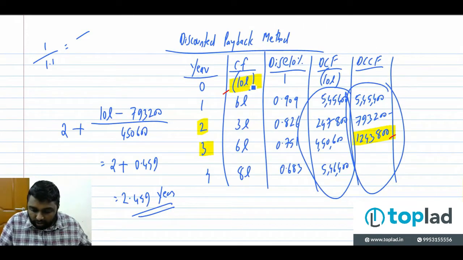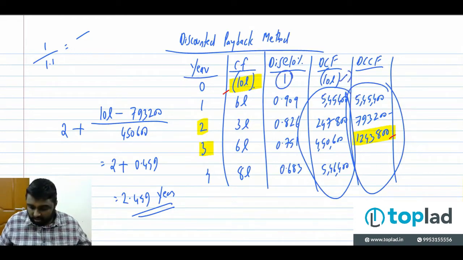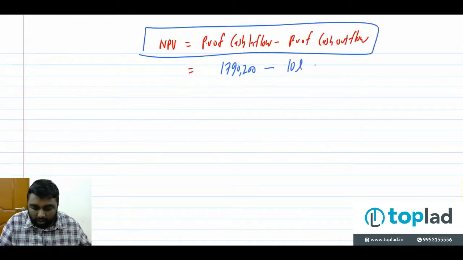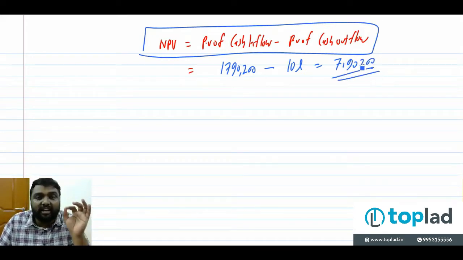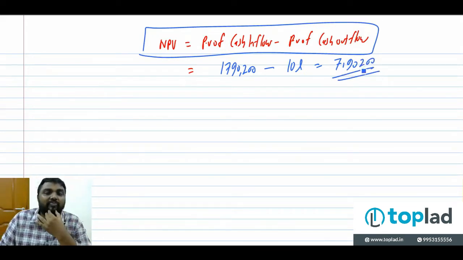Our outflow is 10 lakh, and the discount rate is 1, so the present value is 10 lakh. That is, we are getting a present value of 17 lakh 90 thousand out of an investment of 10 lakh. We have an extra inflow of 7,90,200. The decision criteria under NPV is what?